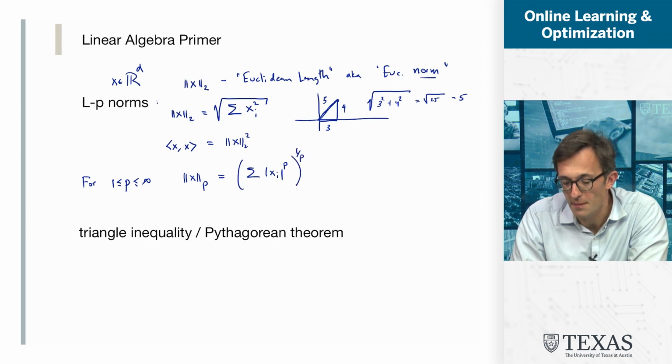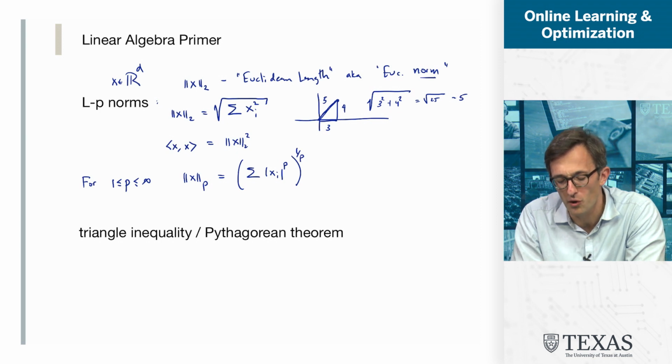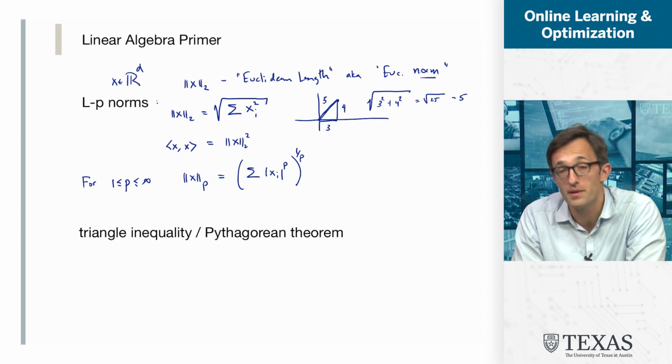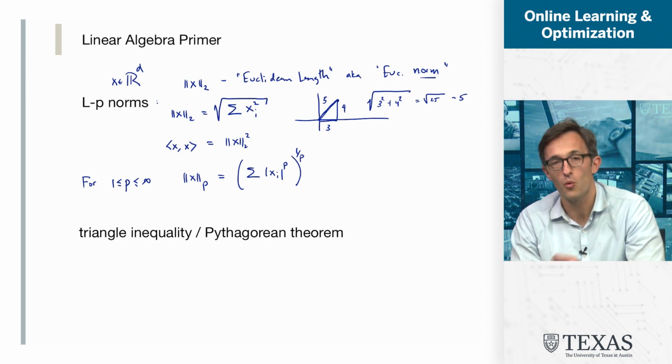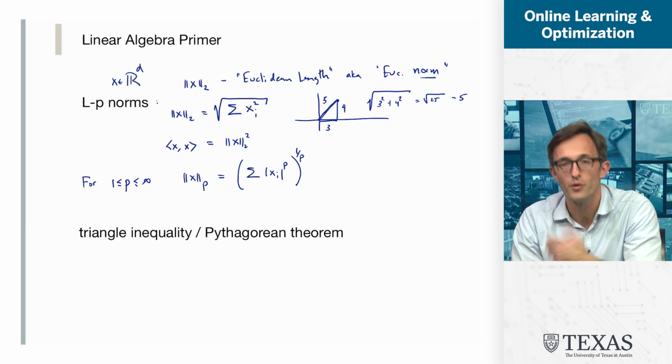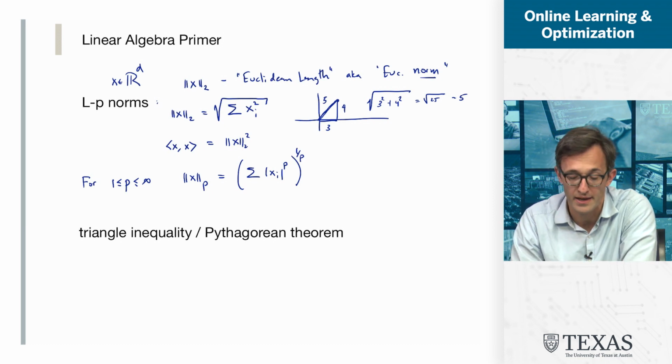The reason I need this absolute value here, and I didn't have it before, is that I also want this possibility for p odd. So if p is equal to 1, if I didn't have that absolute value, then the 1 norm of a vector (1, -1) would just be 1 plus minus 1, or 0. And it would really not be a reflection of any kind of length.